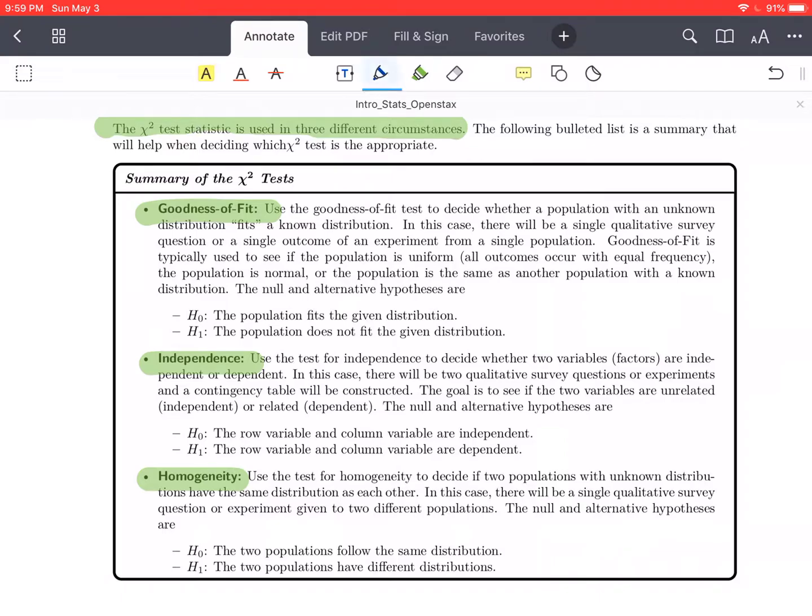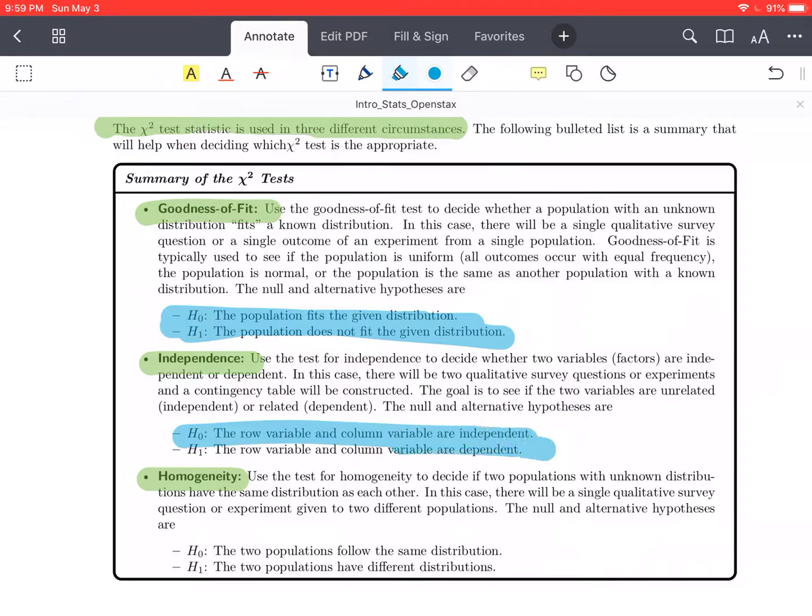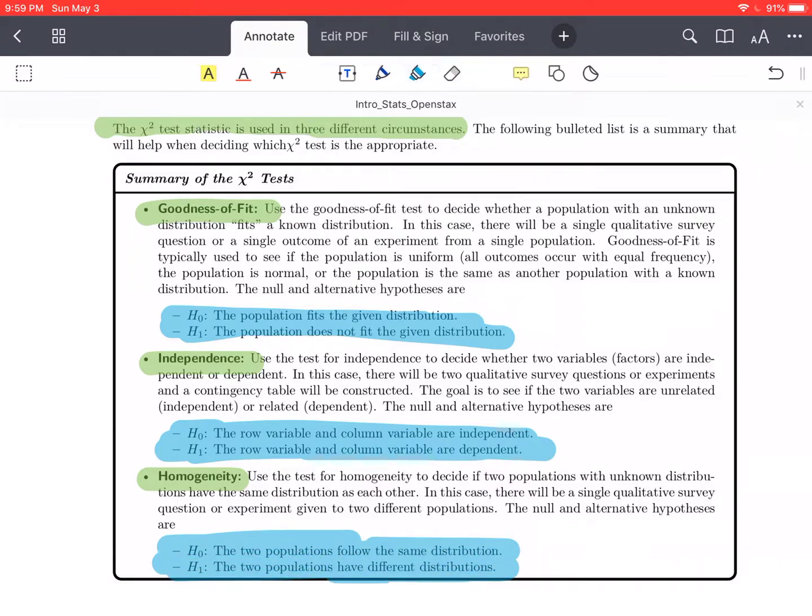Okay, and then it gives you a nice little summary here, because the null hypothesis and alternative hypothesis for these don't change. In the previous chapters, we'd have to create an appropriate null and alternative hypothesis to fit the question, but in these cases, it's always just going to be the same thing for each one. So we're just going to use those and go with that.